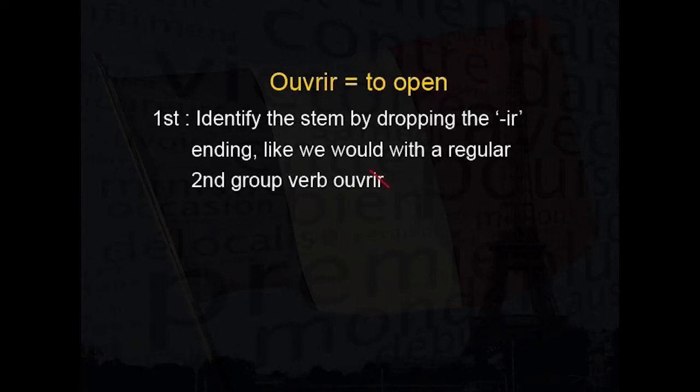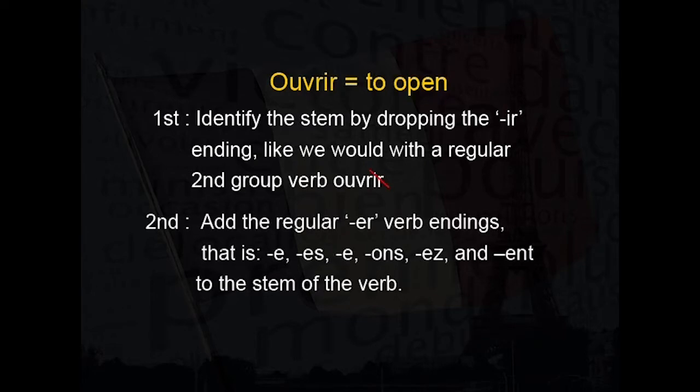Let's begin with ouvrir, which means to open. Firstly, we identify the stem by dropping the IR ending, like we would with a regular second group verb. Then we add the regular ER verb endings, that is E, ES, E, ONS, EZ and ENT to the stem of the verb.